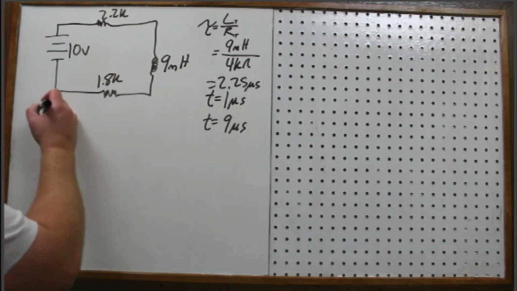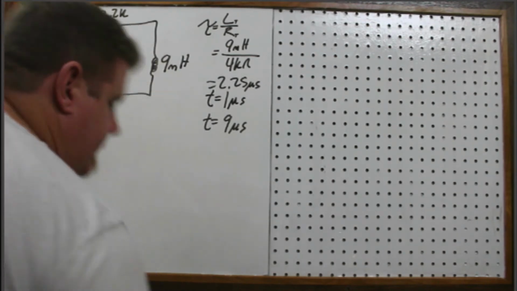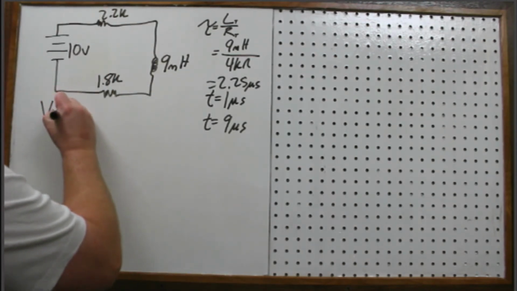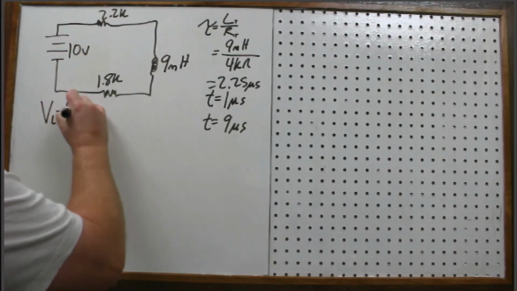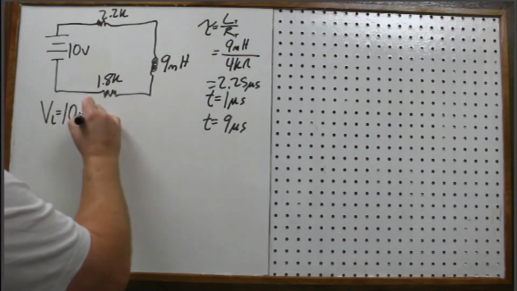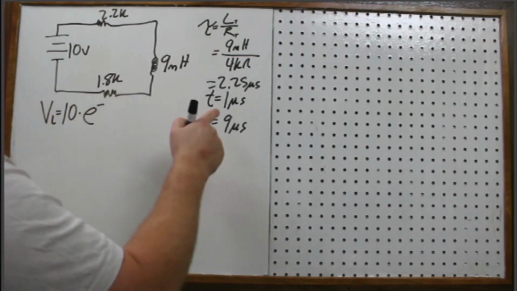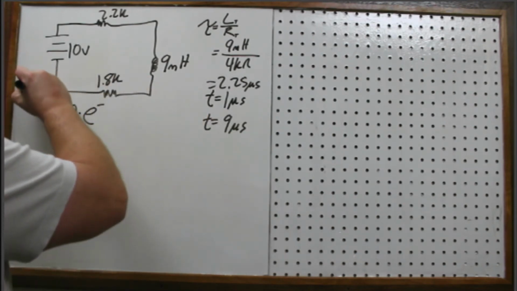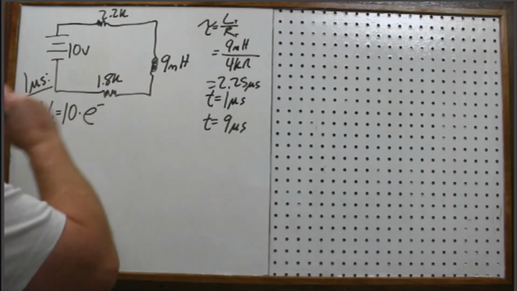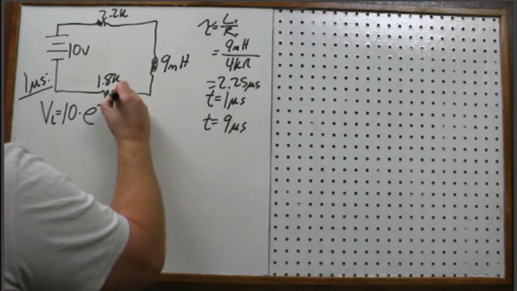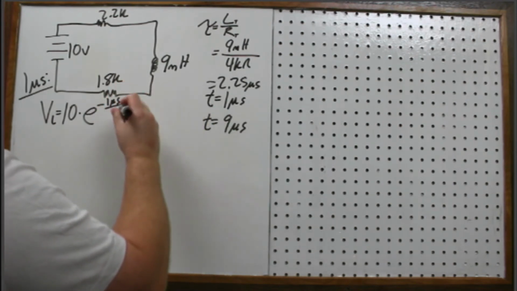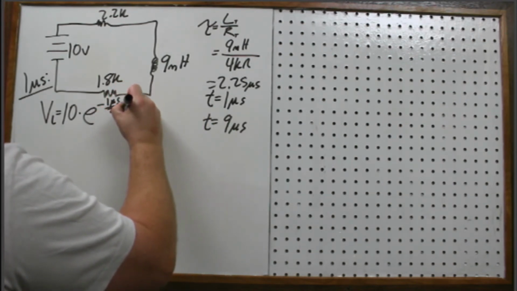All right, let's go ahead and look at the voltage on the inductor first. The total voltage is 10. Again, this is a decay function, so it's e to the negative, and in this case t is 1 microsecond, so 1 micro over 2.25 micro.